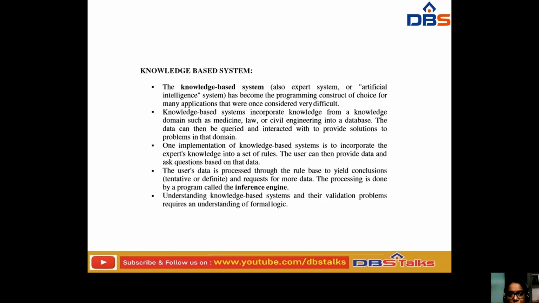One implementation is to incorporate the expert knowledge into a set of rules, and the user can then provide data and ask questions based upon the data. The user's data is processed through the rule base to yield conclusions or requests for more data. The processing is done by a program called the inference engine. Understanding knowledge based systems and their validation problems requires an understanding of formal logic.